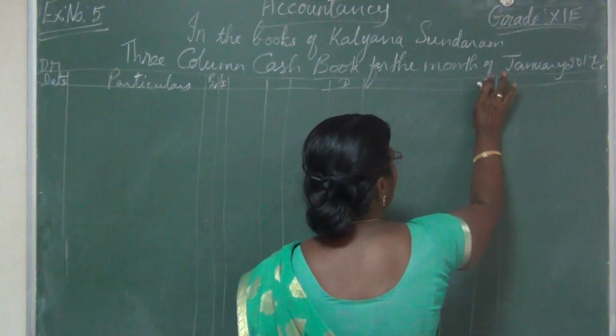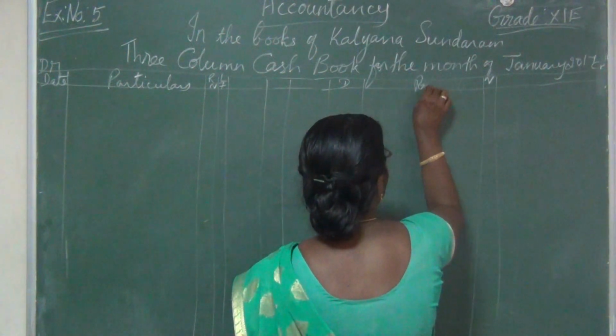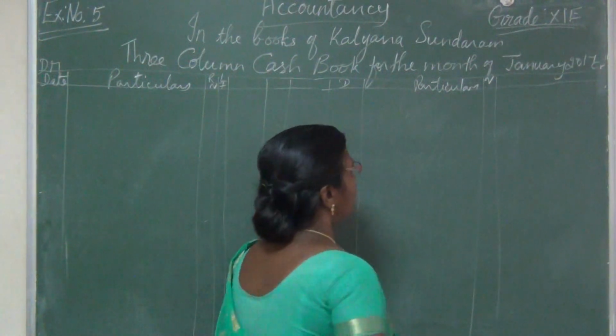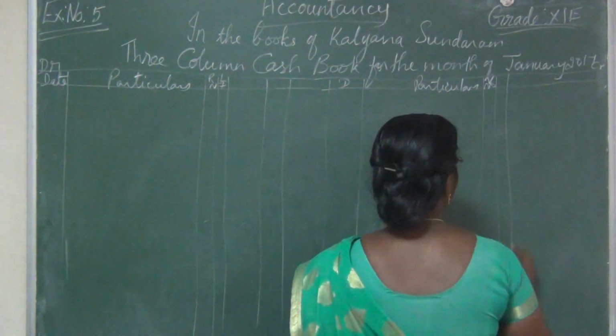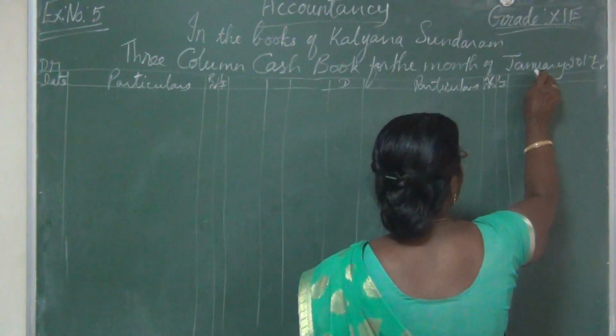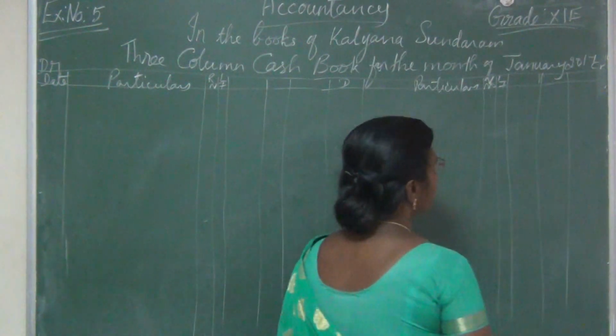then payment, voucher number. Okay, this is payments or particulars. Okay, then voucher number, then LF, then cash, discount, bank.